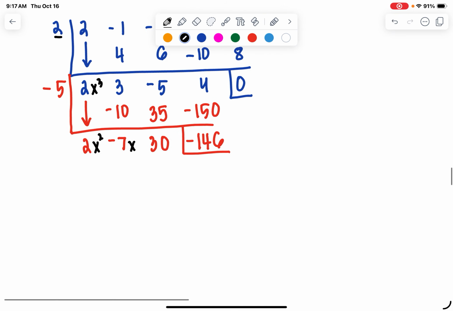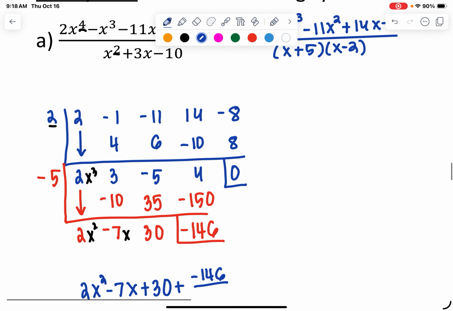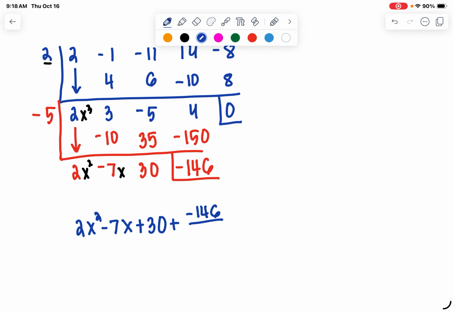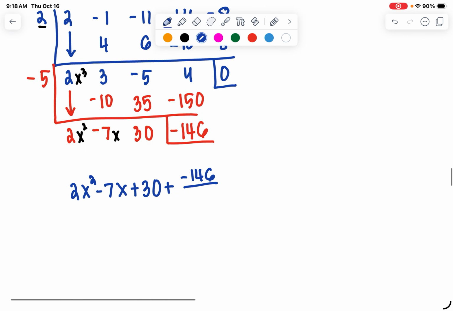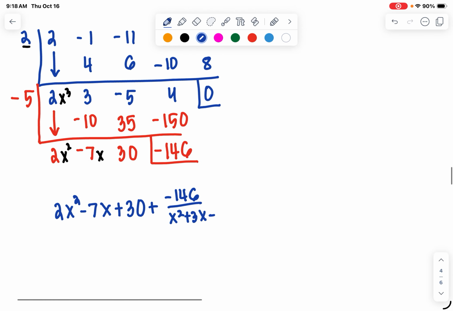So our final answer is 2x squared minus 7x plus 30 plus negative 146 over x squared plus 3x minus 10.